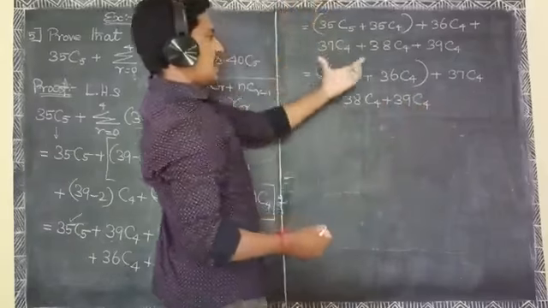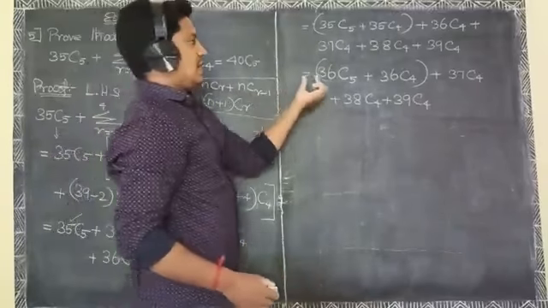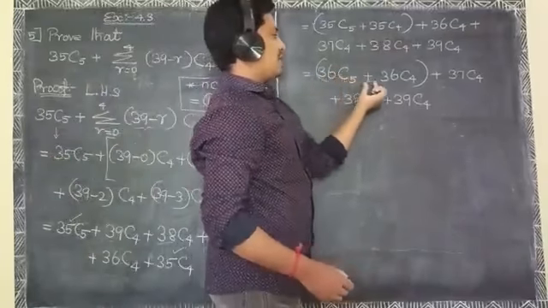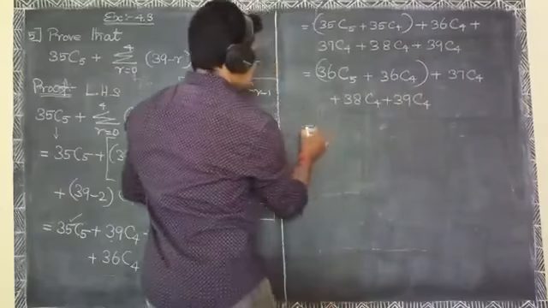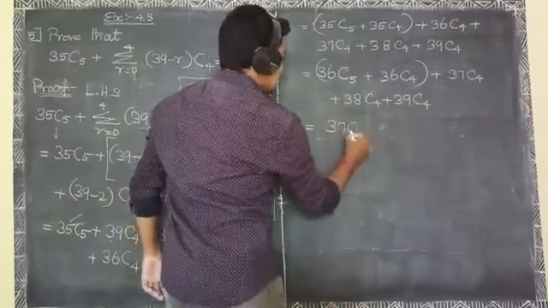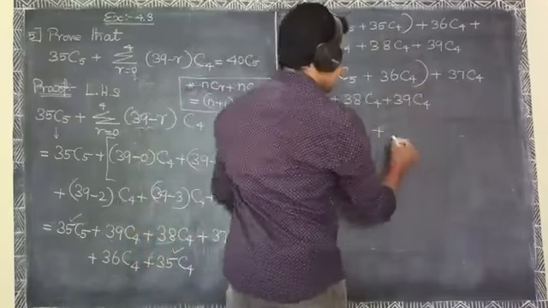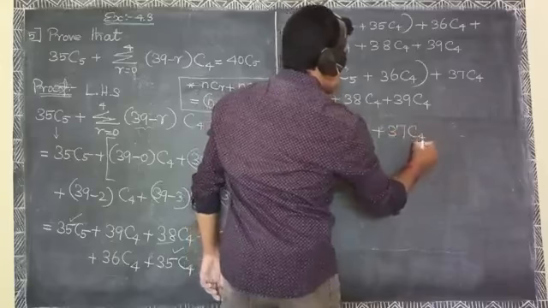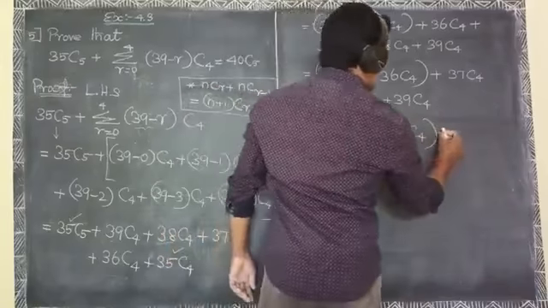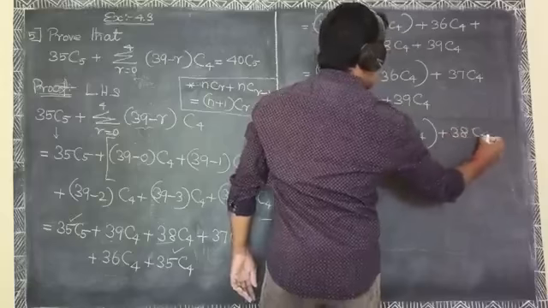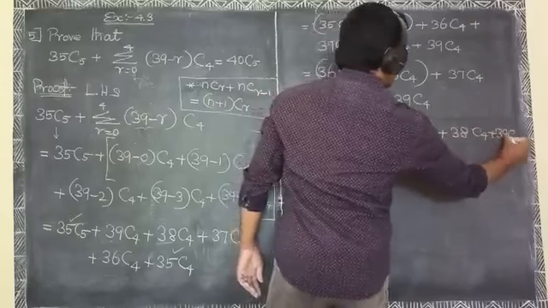Again using these properties, 36C5 plus 36C4 gives 37C5. Plus the next term 37C4, plus the remaining terms 38C4 plus 39C4.